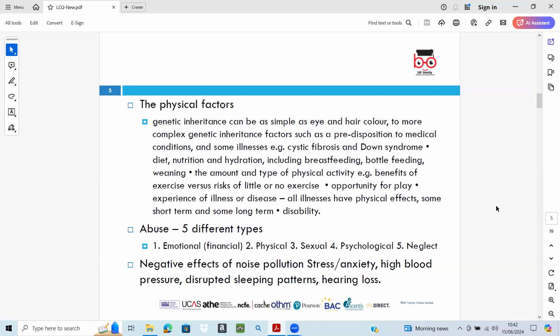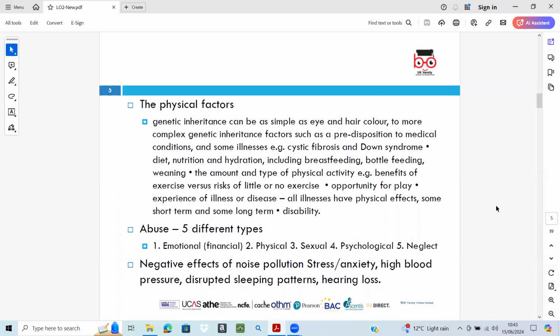Then we have sexual abuse. Sexual abuse involves any non-consensual sexual activity or exploitation, and it profoundly impacts the emotional and psychological health of the person. Then we have psychological abuse.